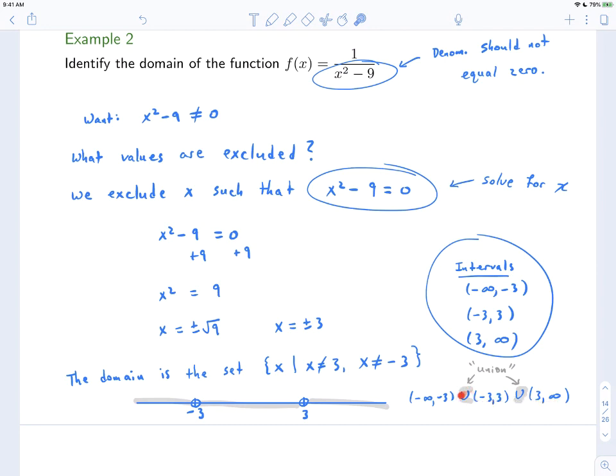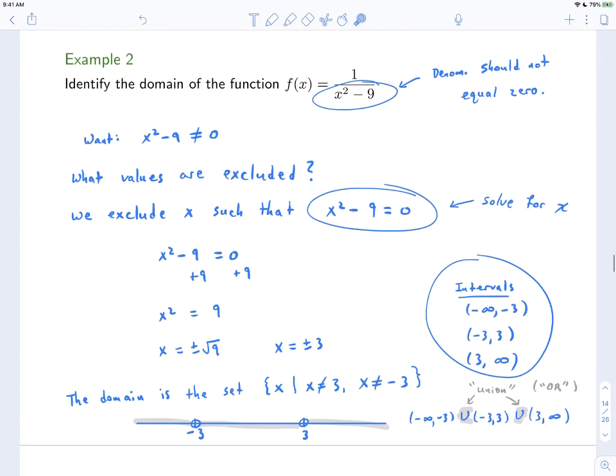You can think of this union symbol as meaning or. So x can be in the first set, or the second set, or the third set. That's called a union, and this is the domain of the function here. It can be anything except for 3 or negative 3. So here it is in set builder notation, and here it is in interval notation.